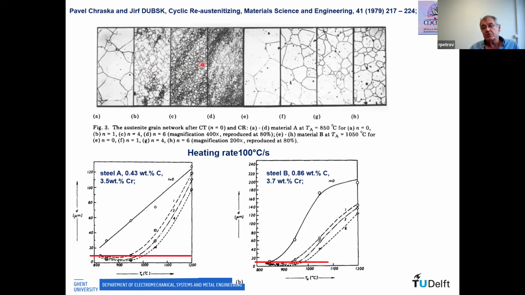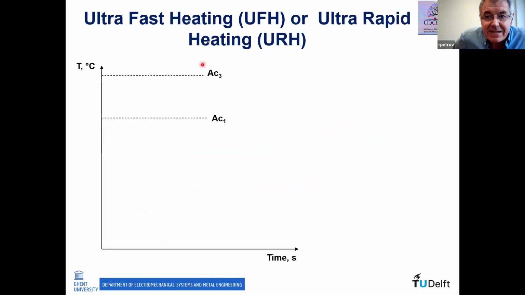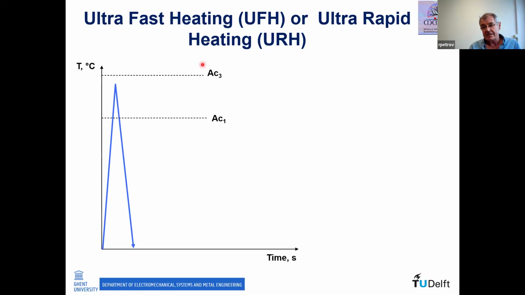Another non-conventional technology on which we worked, as I said, a pretty long time ago, is ultra-fast heating. Ultra-fast heating, or ultra-rapid heating, or ultra-short annealing, or flash heating, it exists with many different names, is nothing else than heating up very fast to the temperature range between AC1 and AC3 or above AC3, which are for this specific heating rate, because everybody knows that those temperatures depend on the chemical composition, but also on the heating rate.